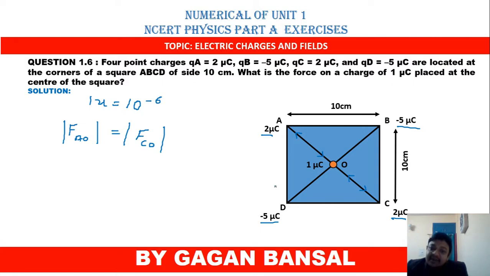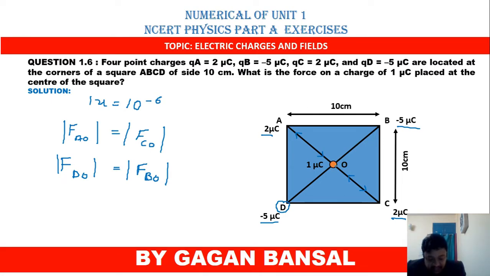In the same way, between D and O, you can see here, one is positive, one is negative. So the force between D and O, due to the charges at D and O, will be equal in magnitude to the force between B and O, due to the charge of -5 microcoulomb and 1 microcoulomb. So they will also cancel each other.